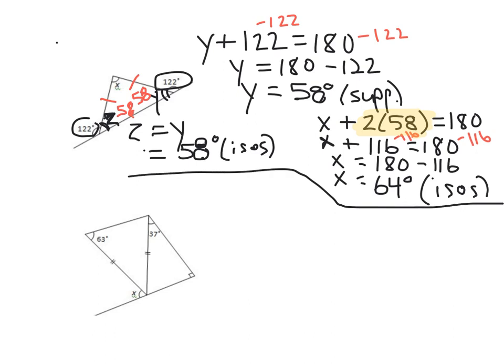I don't know if we're going to have enough room for this other diagram. It's insane on that side. Okay. Let's see what we can do here, guys. So I know that this equals 90, okay, because it's a right triangle.